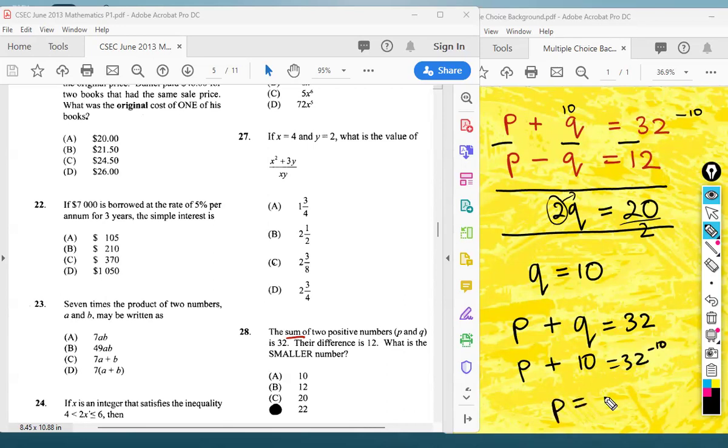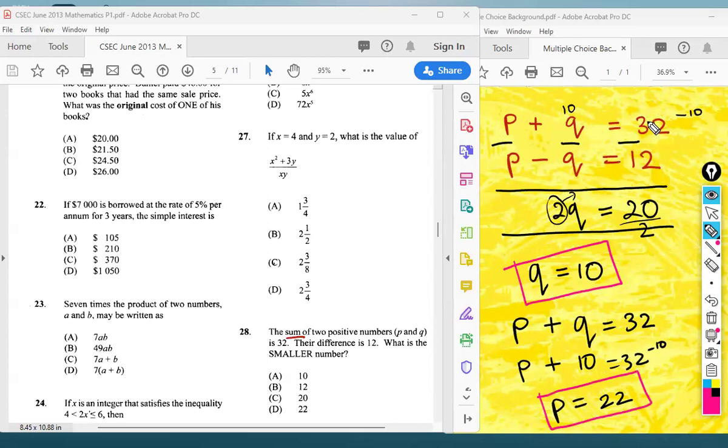So P is 22. All right, so guys, I made two mistakes. I apologize. Let's make sure here. Remember, 12 is not one of the answers, and remember the two answers, Q is 10 and P is 22. Everybody with me so far? When we solve the simultaneous equations properly now, we're getting Q as 10 and P as 22.